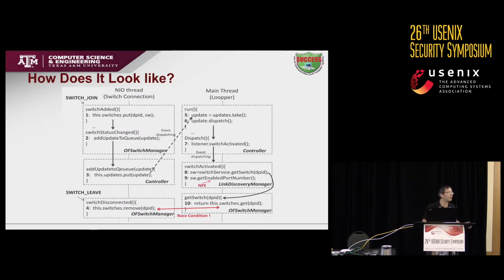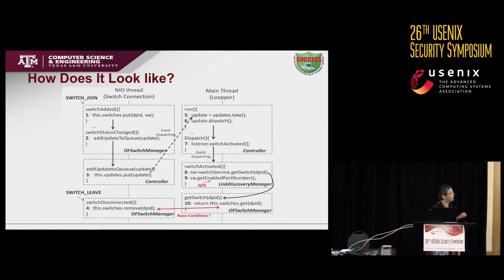First of all, let me give you a high-level idea of what a harmful race condition looks like. Don't be afraid about the details of the code. What you need to focus on is that there are several threads running here, on the left side and the right side, and there are several events, as you can see here. Modern SDN controllers are event-driven, network event-driven.